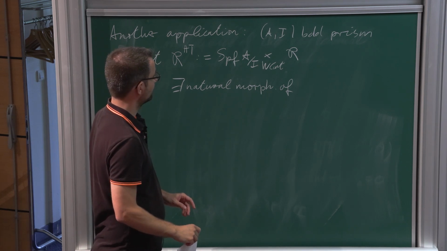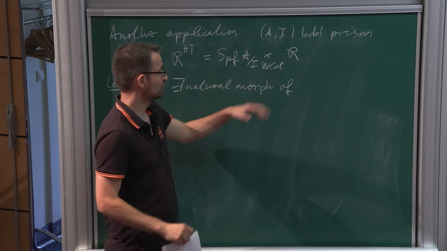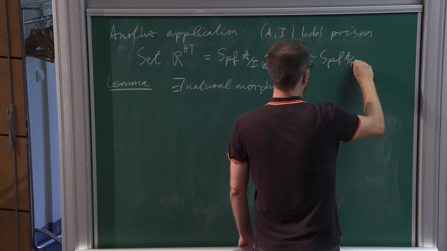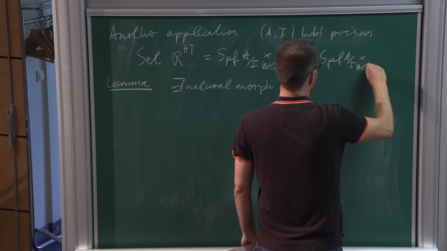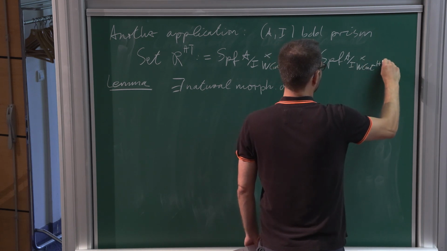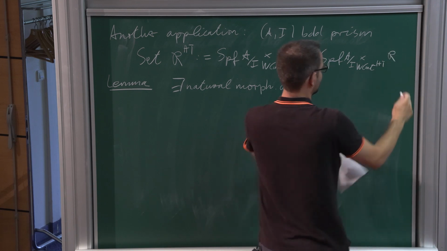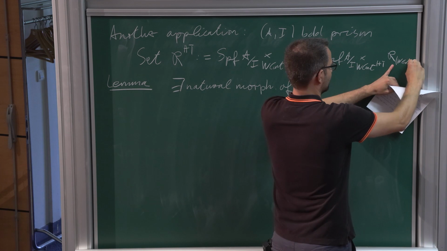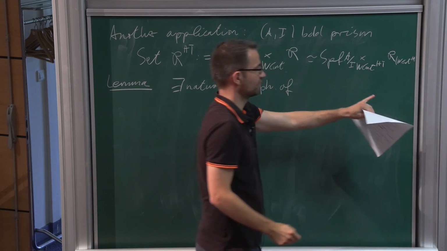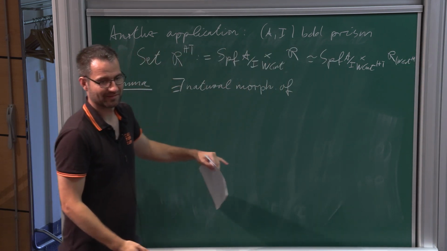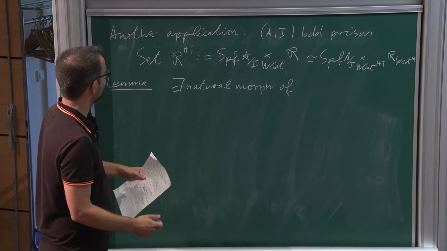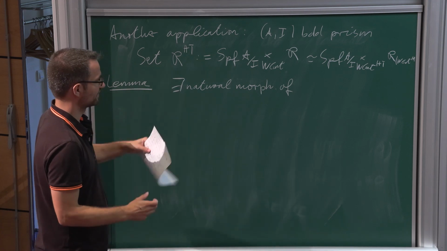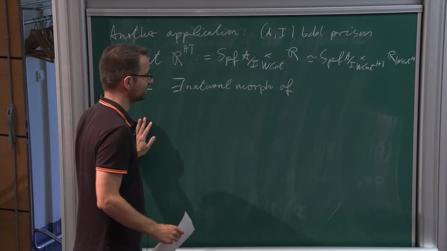Yes, I mean, you can also write this as Spf of A/I fiber product with W_card Hodge-Tate, and then restrict this here to the Hodge-Tate locus. This does not change the fiber product. Okay, the objection was that you could put A in the notation. Ah, yeah, sure. Yeah, but I want to shorten it.